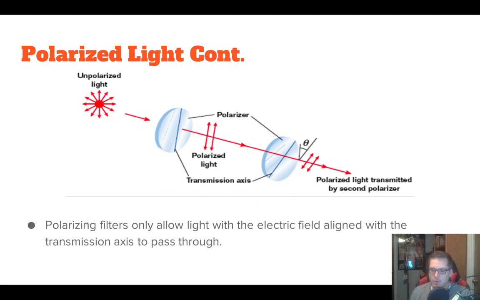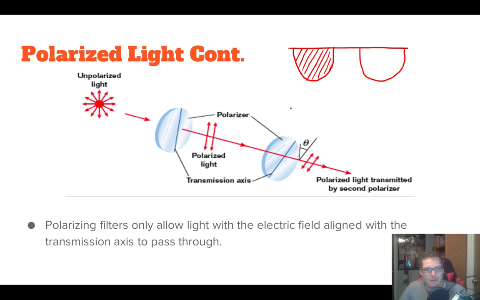All right, so polarizing filters only allow light with a specific electric field aligned with the transmission axis to pass through. So we could imagine we have sunglasses here, right? So here's a pair of sunglasses. You've probably heard of polarized sunglasses, right? Essentially in polarized sunglasses, you have little tiny gaps in between.